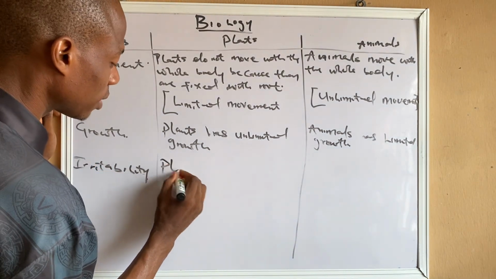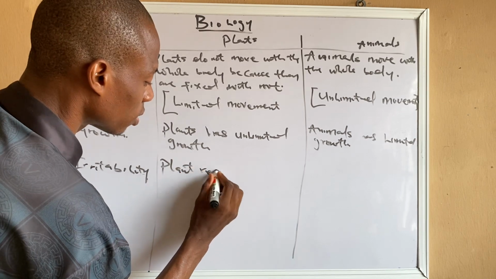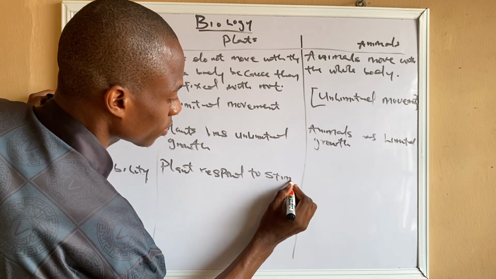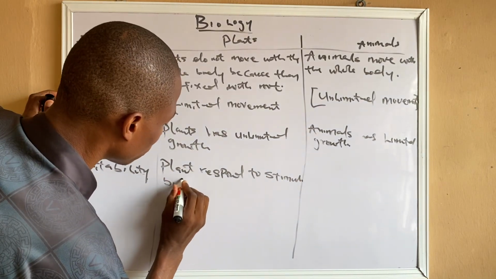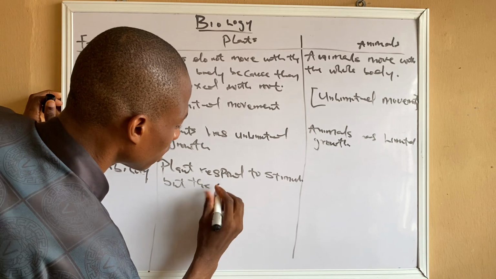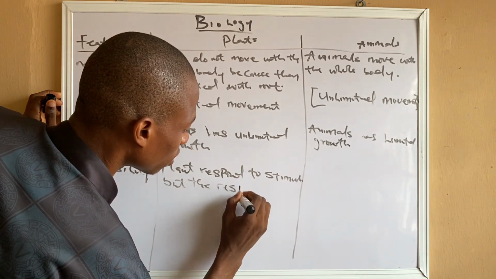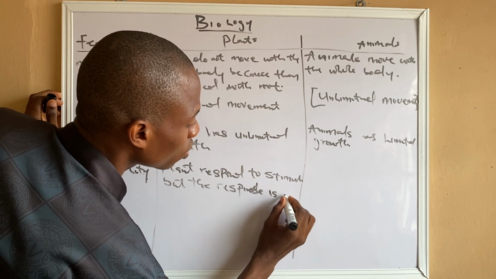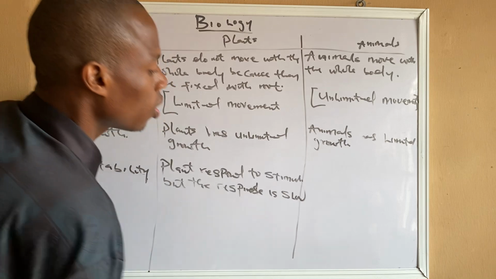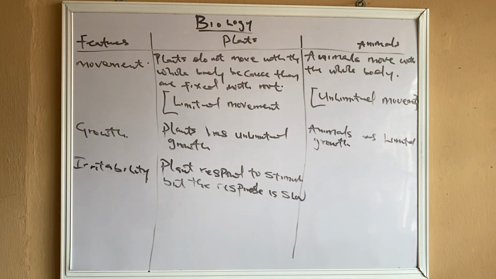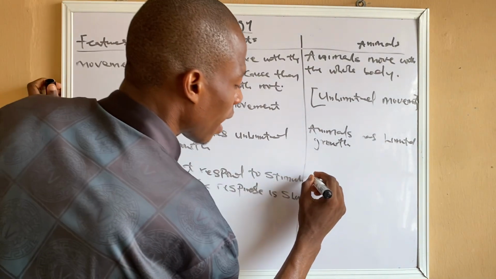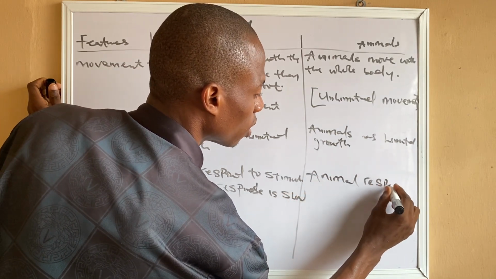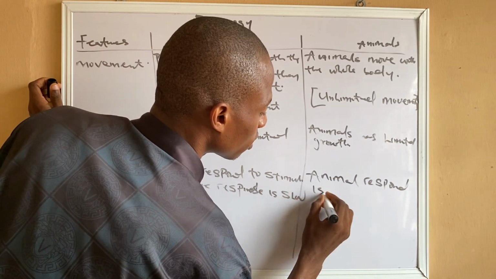Plants respond to stimuli, but the response is slow, very slow. But the animal response is fast.